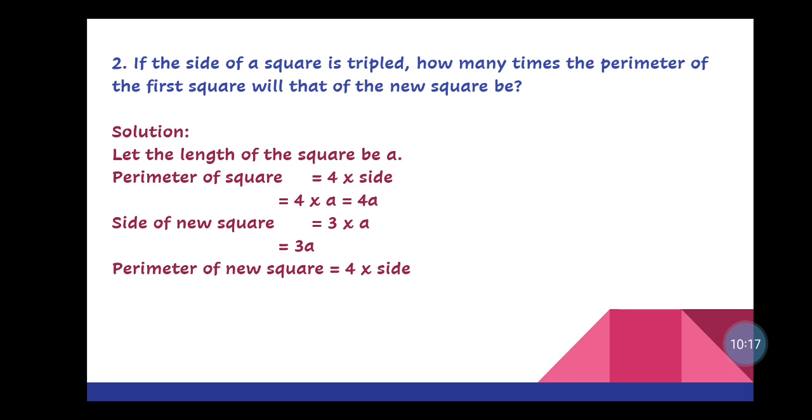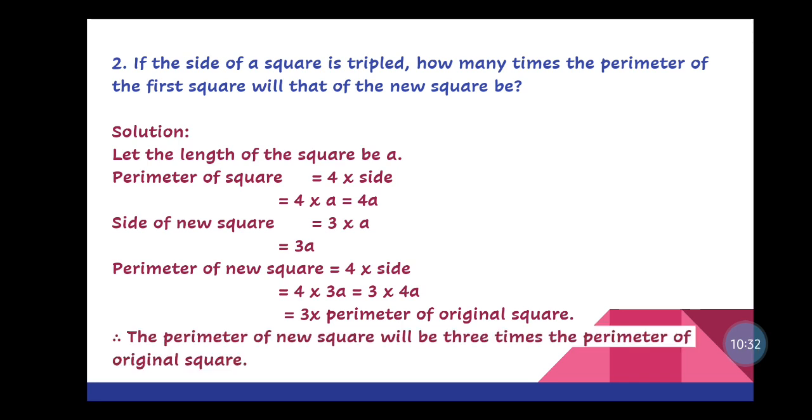Perimeter of the new square is equal to 4 into side, so 4 into 3A is equal to 3 into 4A. So the perimeter of the new square will be 3 times the perimeter of the original square.